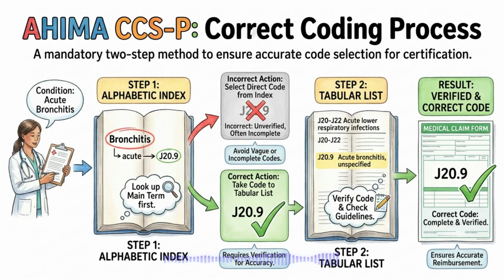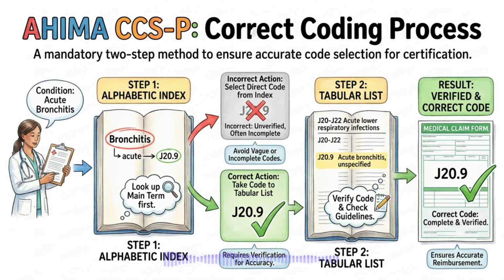Finding the correct code requires a strict 2-step process that you must practice until it becomes second nature. First, you must always look up the main term of the patient's condition in the alphabetic index, which is located at the front of your codebook.